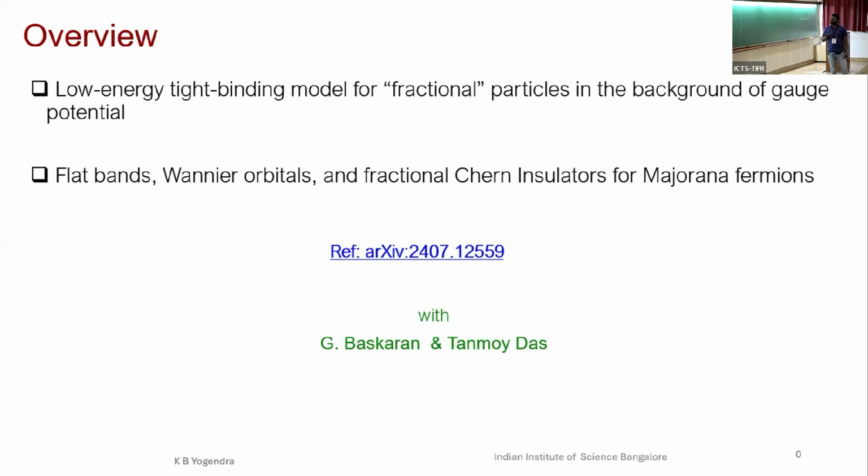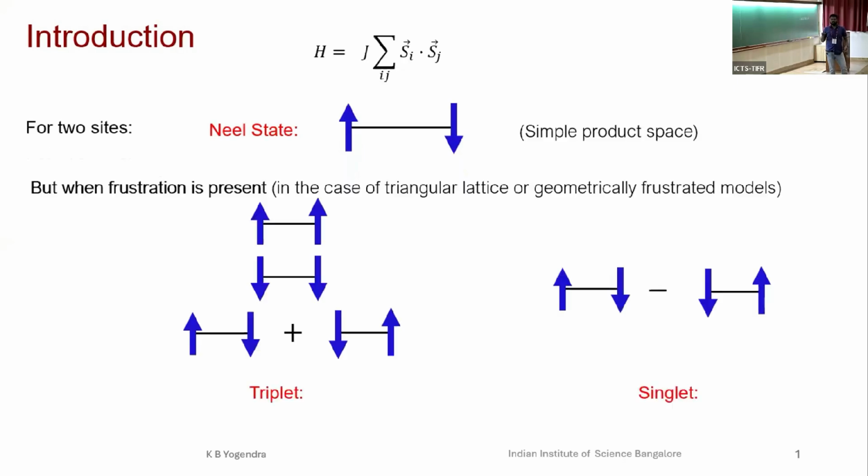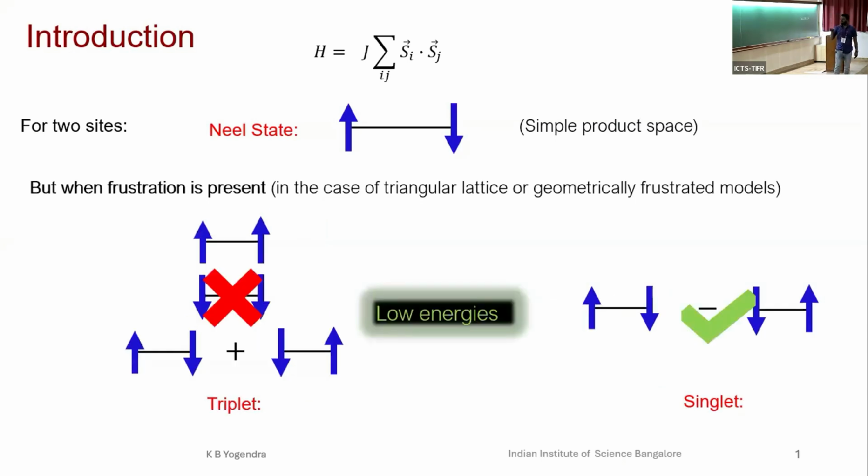To give a context of the problem, let's consider the antiferromagnetic Heisenberg model. For two sites, the ground state will simply be the Néel state, up-down state. But when you have frustration in the model, all kinds of spin configurations are allowed in the state. But at low energy, only singlets will contribute.